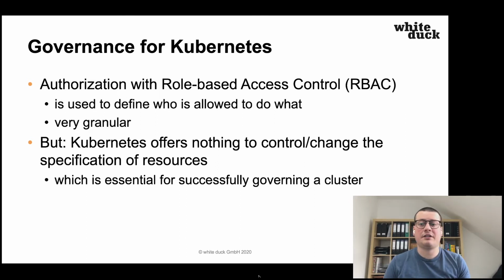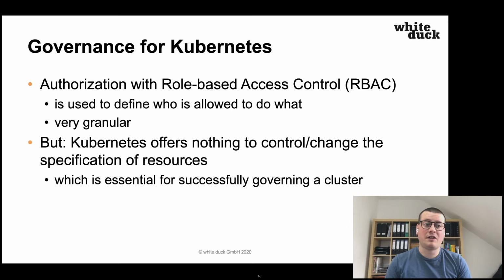So we can very granularly define that dev A is allowed to create deployments in a certain namespace on a certain cluster. But this allows us to control who is allowed to create or manage resources, but we cannot define the resources itself.